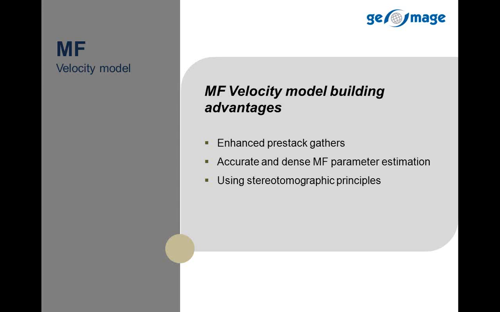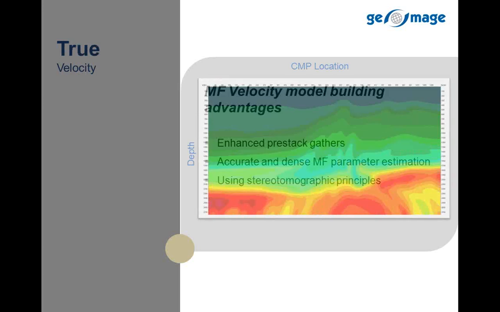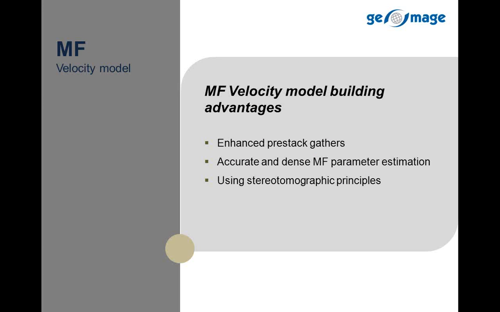The velocity model building itself can be the same as in conventional, all the types of tomographic approaches, travel time tomography, stereotomography, and so on. But the input to these procedures are multifocusing parameters. And if the input to these procedures is more accurate, of course, the resulting model is better.